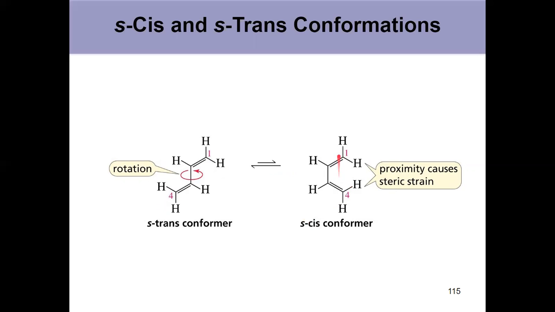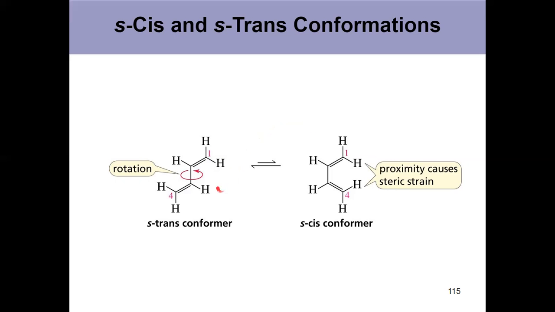This is s-cis because the double bonds are on the same side. This is s-trans because the double bonds are on the opposite side. And in order for a Diels-Alder reaction to occur, it has to be in the s-cis conformation, which you'll notice with the equilibrium arrow is less favorable. Putting the electron density in those pi bonds closer together causes steric strain.